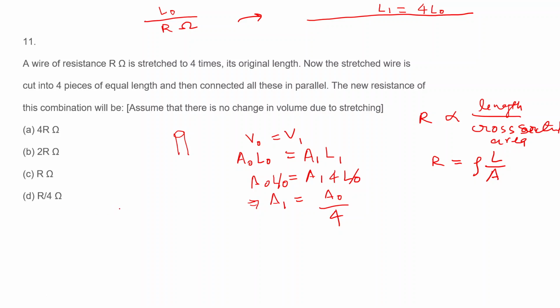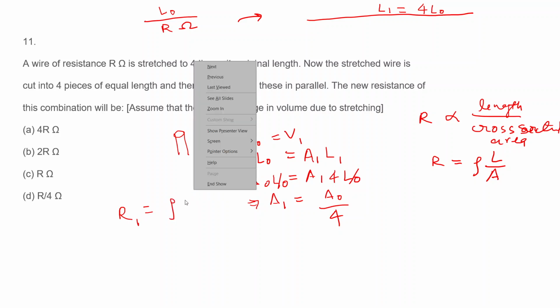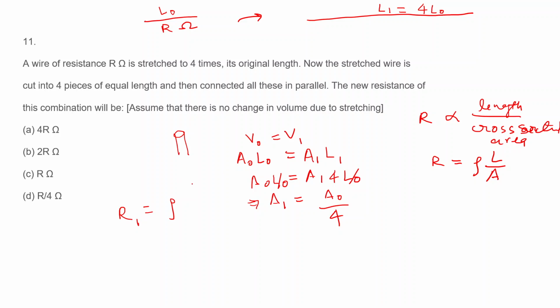Now I want to calculate the resistance. So this new resistance will be resistivity times the new length divided by the new area of cross section, which is 4L0 divided by A0 by 4, which will be 16 times the resistance of the previous one.